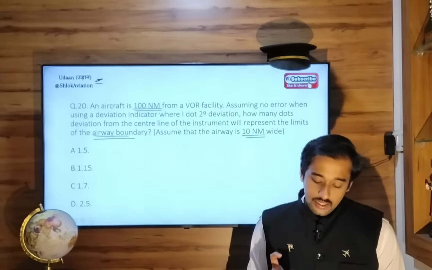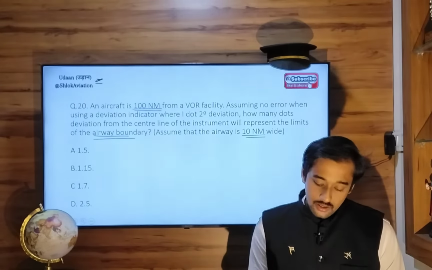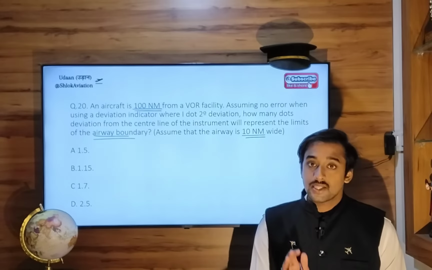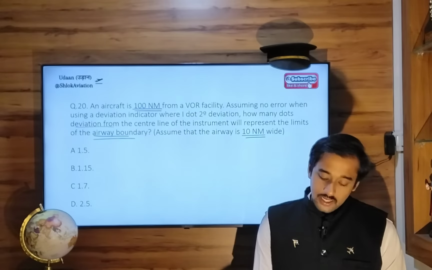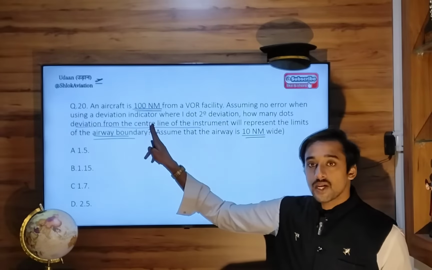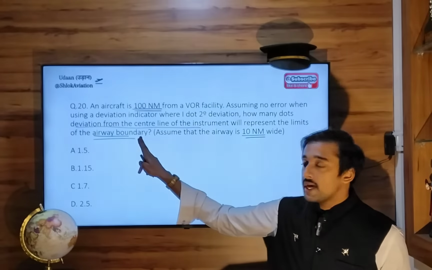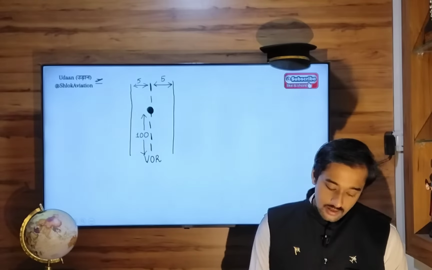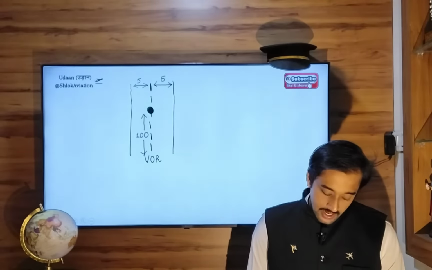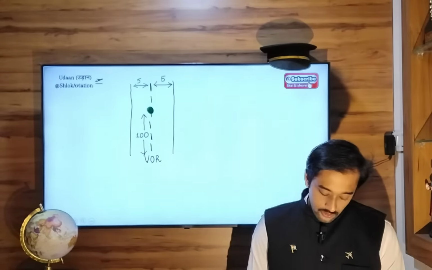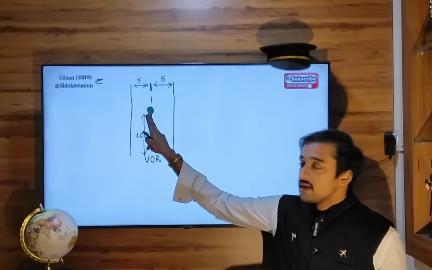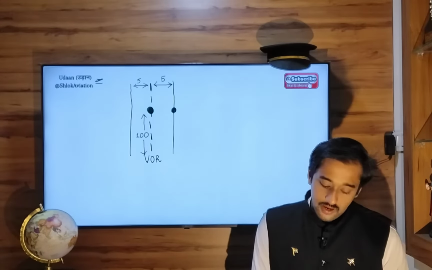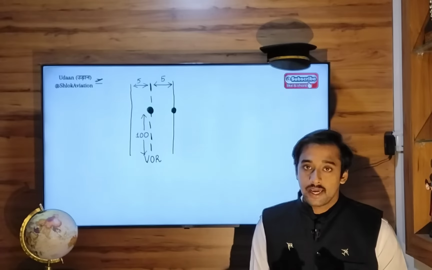And they are telling you that you have to assume, just in case consider, that your aircraft has deviated from the center line of that airway to the airway boundary. Left or right doesn't matter. Let's consider right. So that means your aircraft has deviated from the center line to the right hand side, somewhere here, to the boundary of that airway.